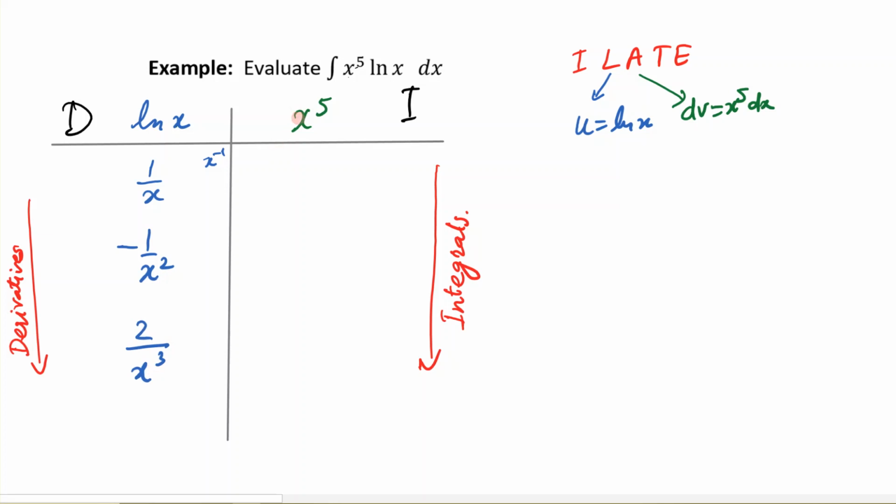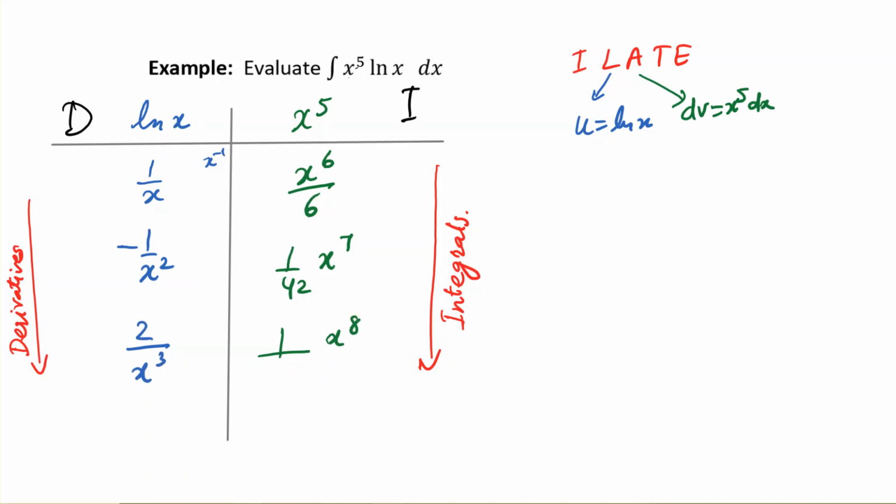Similarly, when we take the integral in the second column, we get x raised to the power 6 over 6. In the next step, we get 1 over 6 times x raised to the power 7 over 7, which is 1 over 42 x raised to the power 7. In the next step, we get 1 over 42 times 8, and x raised to the power 8.